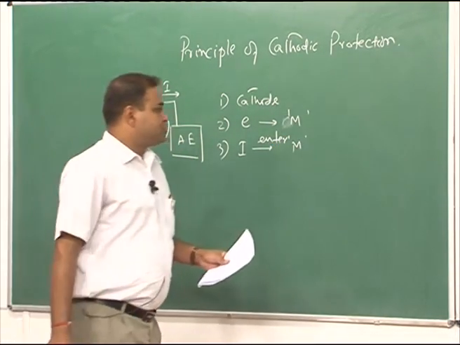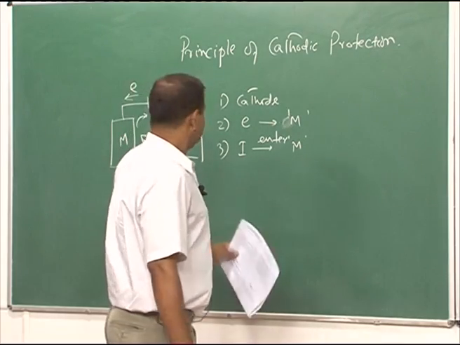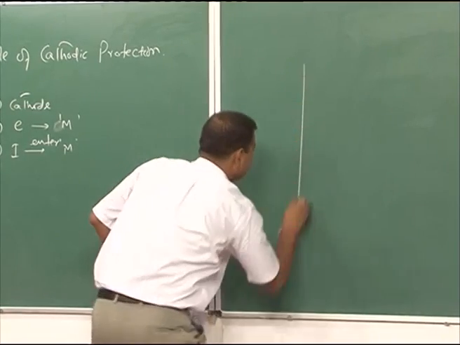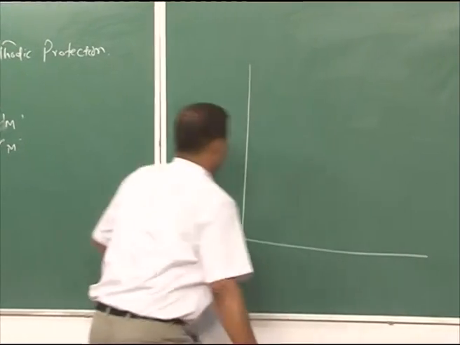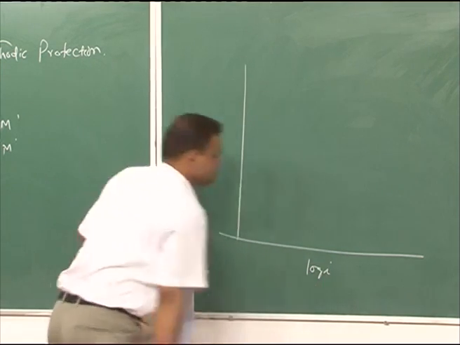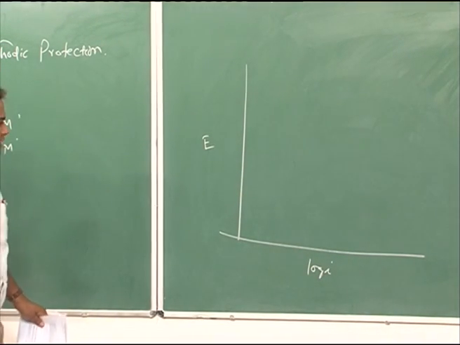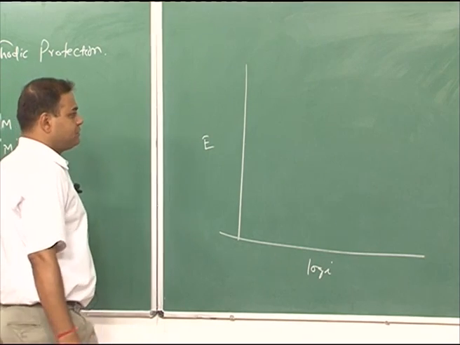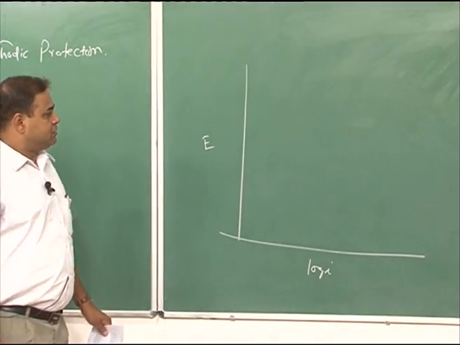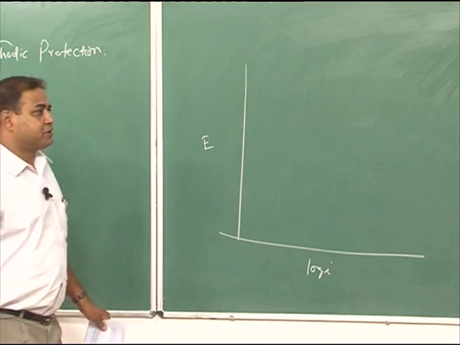Now, if we come to mixed potential theory, let us get into this board. We will plot potential versus log of current density. Let us take a simple system where both the cathodic and anodic polarization are activation controlled.